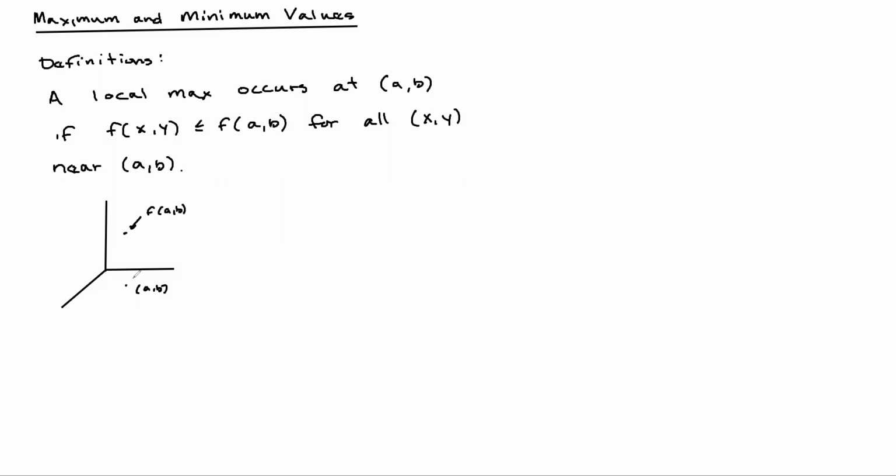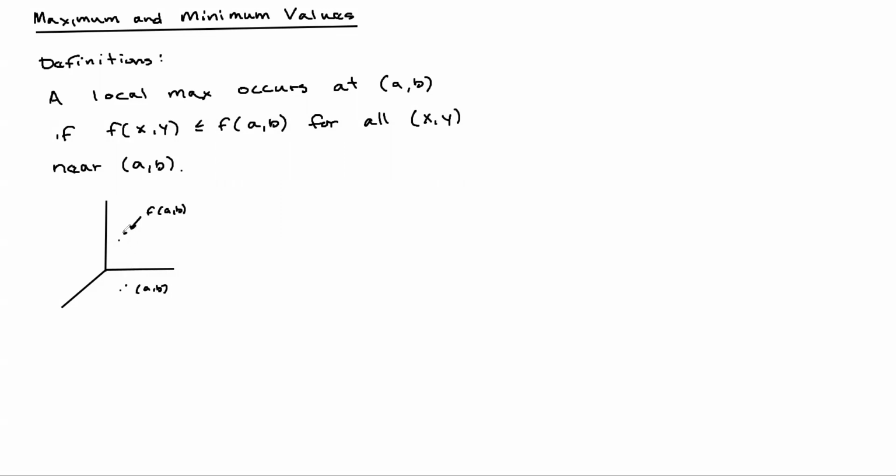Then what it's saying is if you take points that are near (a, b), so if we just pick that point there, so it's an (x, y) that is near (a, b), and if you were to plug it into the function, then the output is going to be smaller than f(a, b), right?